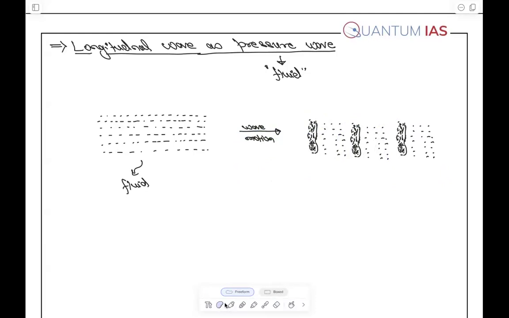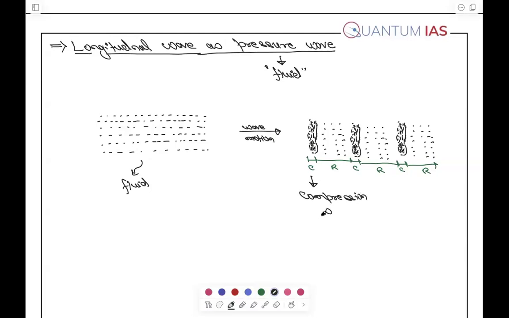Now this one, where this has happened, we call as C. This we call as R. This we call as C. This we call as R. This we call as C, and this we call as R. Right? Where C stands for compression. Yes or no?